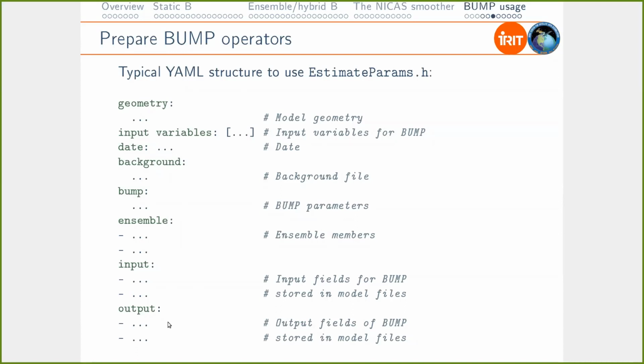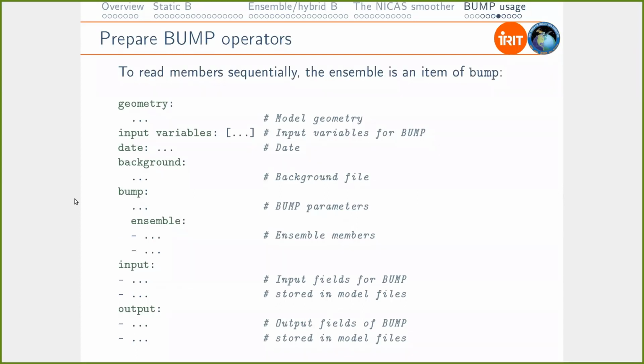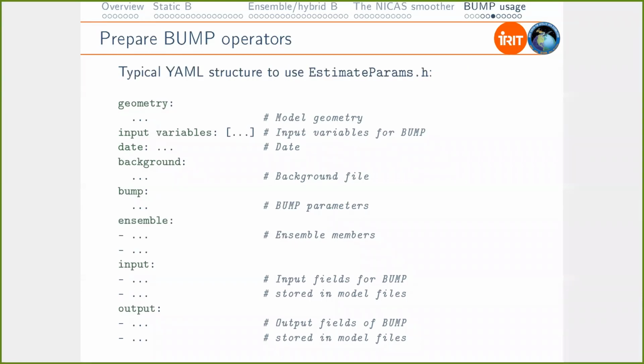And we sometimes have some output, for instance, the length scales when we compute the length scales from the ensemble. So to read the members sequentially, we just need to set the ensemble as an item of BUMP. So the difference is that the ensemble here in the YAML file is indented. It's just a small difference.